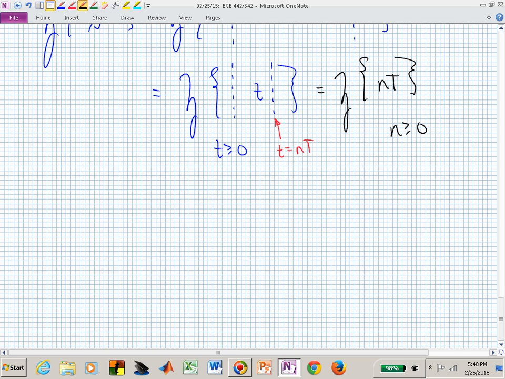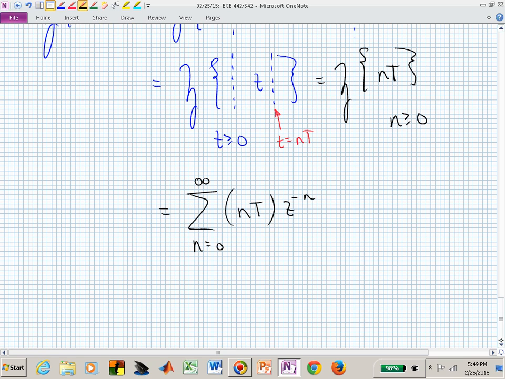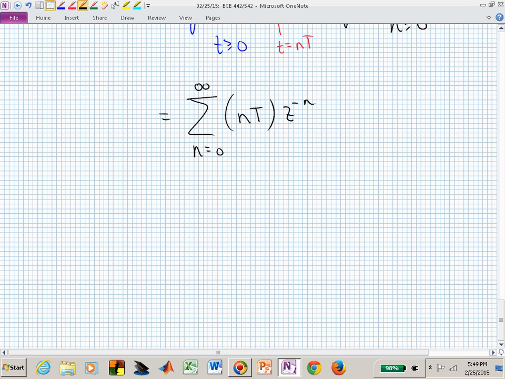And that's just a sequence of numbers: T, 2T, 3T, 4T, 5T, depending on what capital T is, which we can z transform by putting that expression in our argument. That's our x of n, in fact, times z to the minus n, for n equals 0 to infinity. And capital T is not a function of little n, so that can come out of the summation.